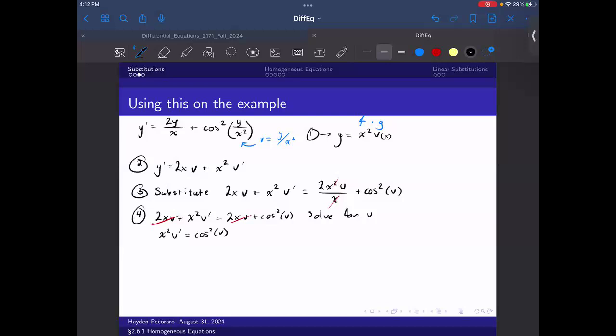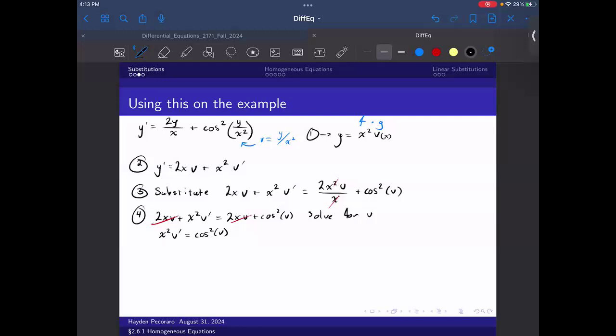Someone want to let me know what kind of differential equation that is? Classify it, and then tell me if we know how to solve that kind already. It's first order. What else? It's not linear. It is separable, yeah. So it's not linear because we have cosine of v, which is the dependent variable.